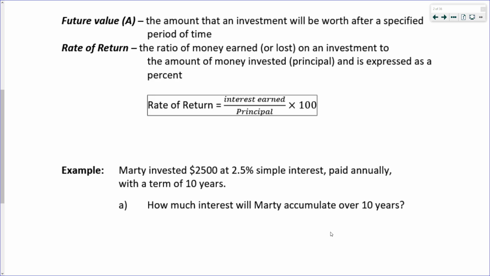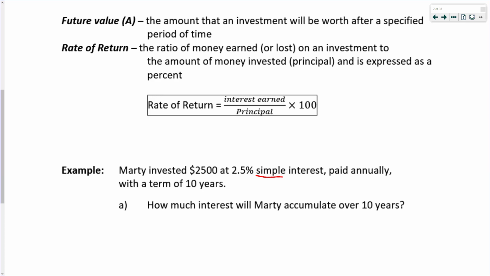For an example, we had Marty invest $2,500 at 2.5% simple interest paid annually with a term of 10 years. What that means is this simple interest is calculated each year for 10 years. Now, a couple key things here: how do you know you're doing simple interest?